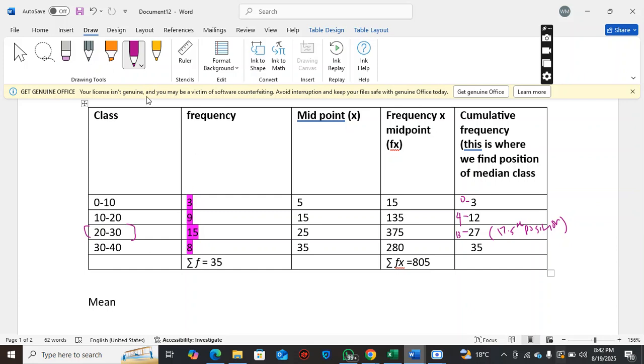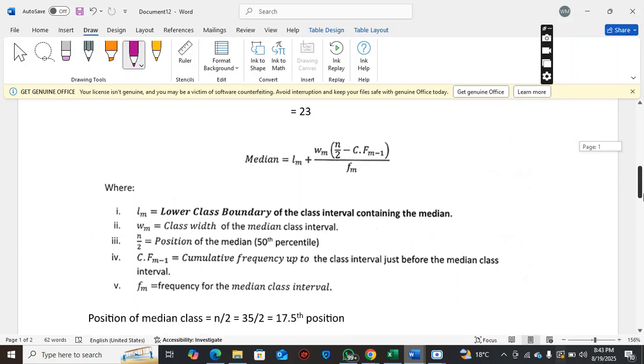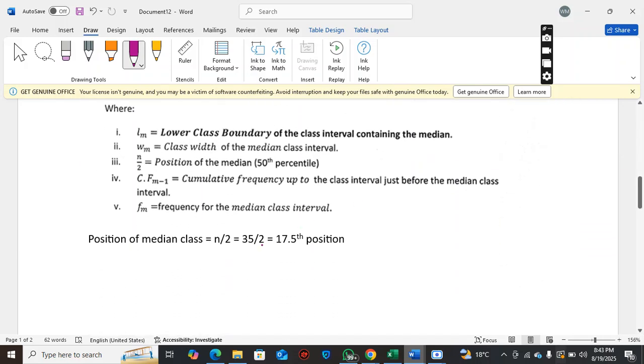So this cumulative frequency column, always remember it helps you locate the position of your median class. Once you find the position by dividing n by 2, you come to this cumulative frequency column and you're going to find the position that you found. 35 divided by 2, we got 17.5.